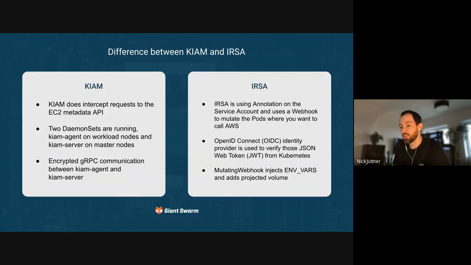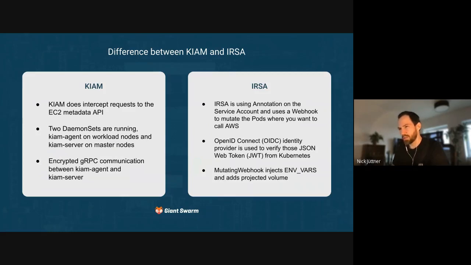Whenever your pod wants to use an IAM role, you intercept the metadata endpoint and bypass it to the KIAM server, and the KIAM server figures out, based on the annotation at the pod level, which role to assume.